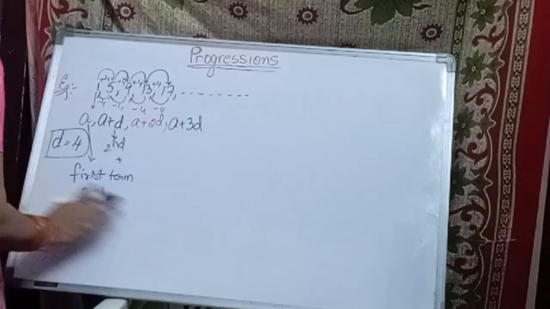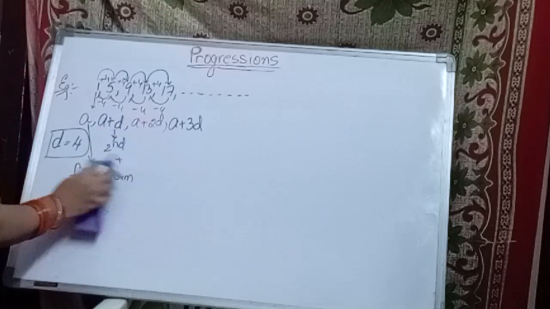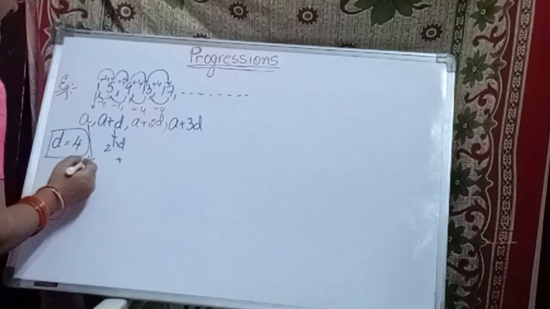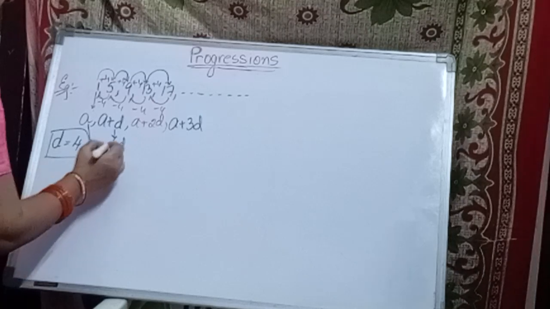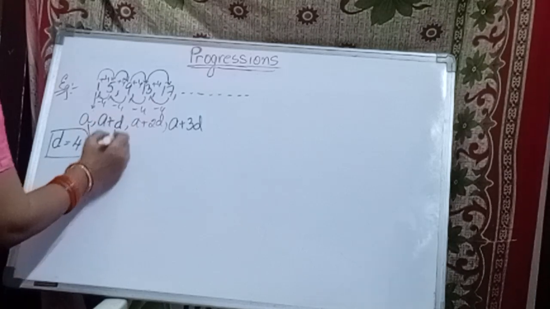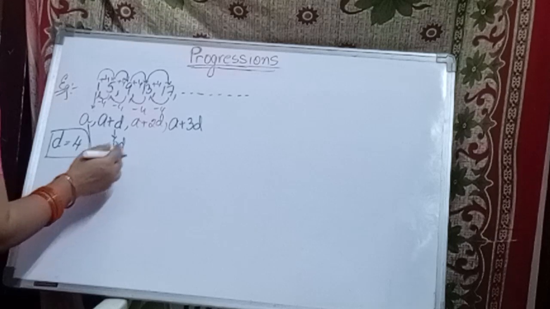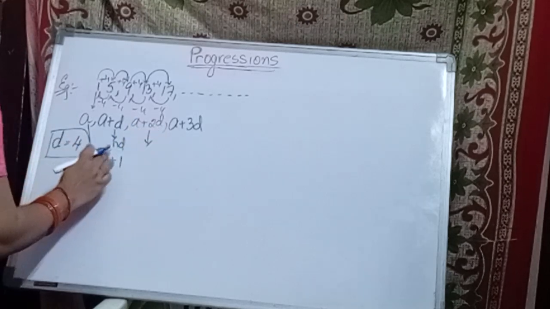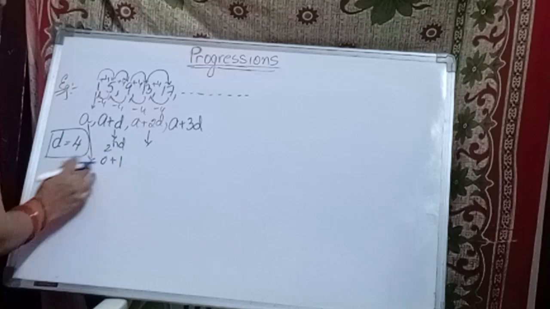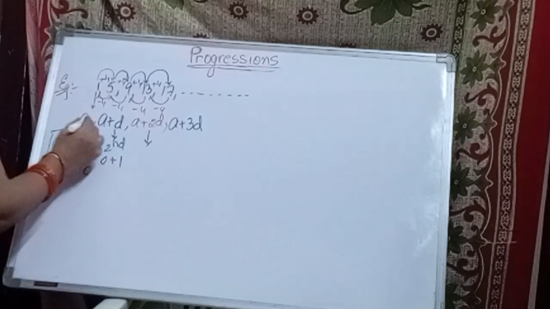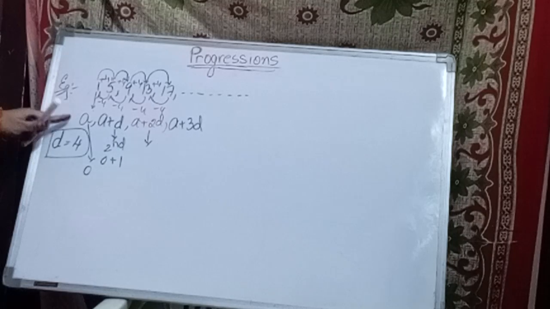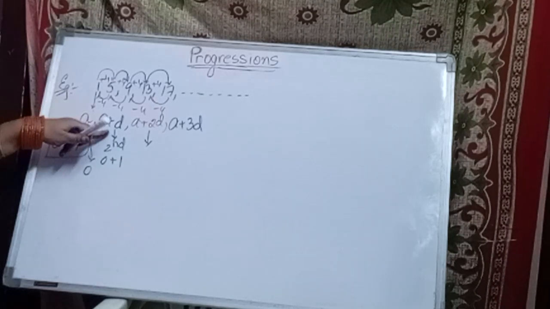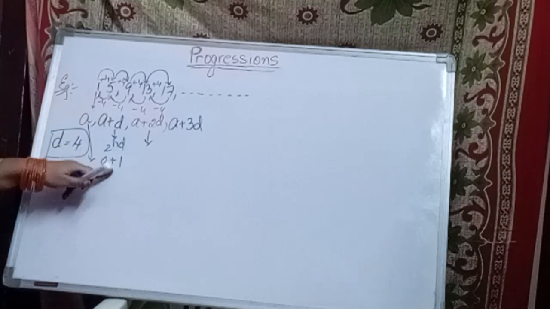The first term and the second term, how do you get 1? Third term, you will get 2. Here D, the difference, is not there, because this is the first term and you won't have any difference. You go to the second term. What will you get as the difference?